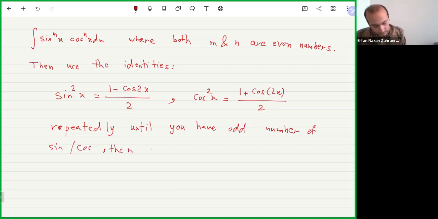Then use the substitution in the previous strategy.